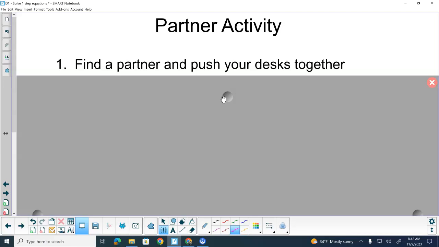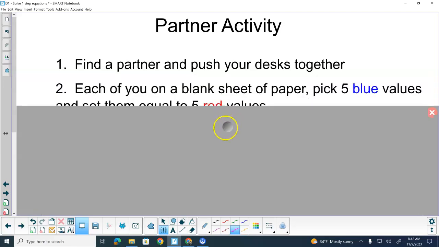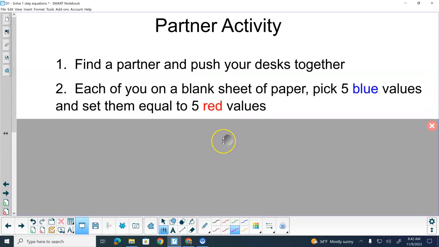Okay. Next, each of you is going to get this purple piece of paper. You can just grab one right there. So each of you gets your own. What you're going to do is pick 5 values from the blues, and set them equal to 5 values from the reds.